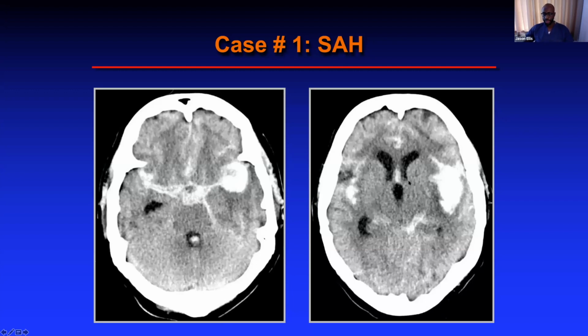Also on this CAT scan, you'll notice that the ventricles are a little bit more plump than in the normal state. So she has a condition called hydrocephalus, and that is due to blood blocking the normal drainage of the cerebrospinal fluid pathways. Much of the bleeding is centered on this left side within an area called the sylvian fissure.